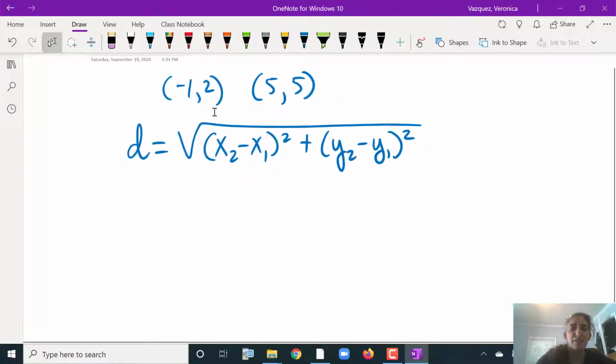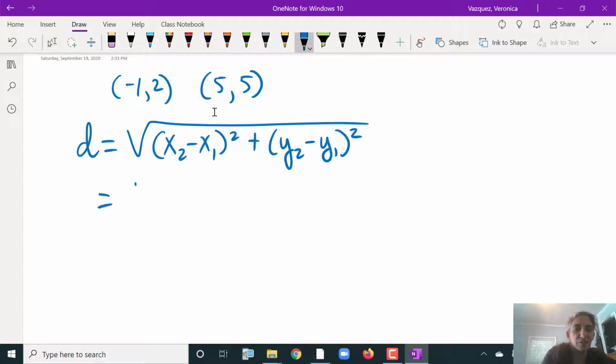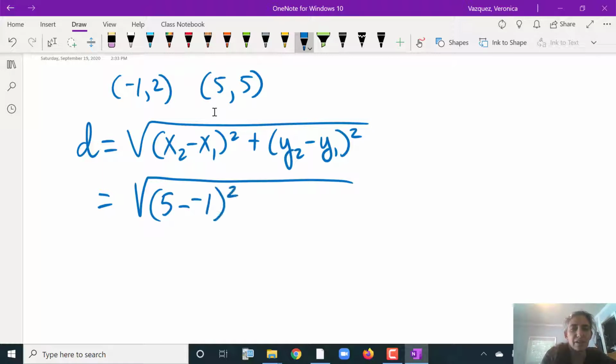Okay, and filling in with the 2 points that we have, that would be, let's do (5 minus -1) squared plus (5 minus 2) squared.